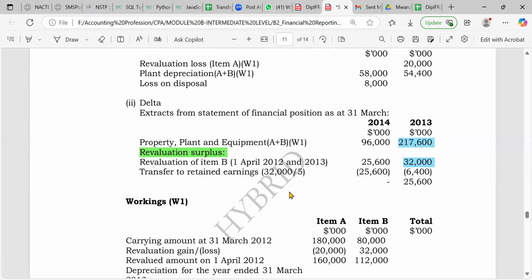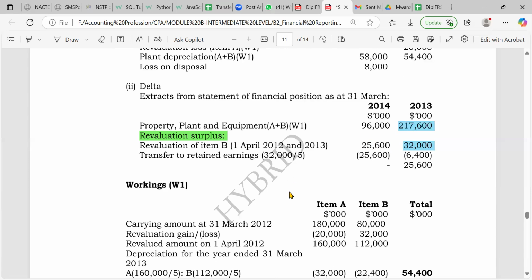But now you can do that. We are going to remove it altogether because it's no longer in our books. Get the point there? And usually when you remove it, you can see why you did this. Since this is what has remained, instead of reducing 6,400, you remove it all and you take it to retained earnings. That's why you can see this was the balance.